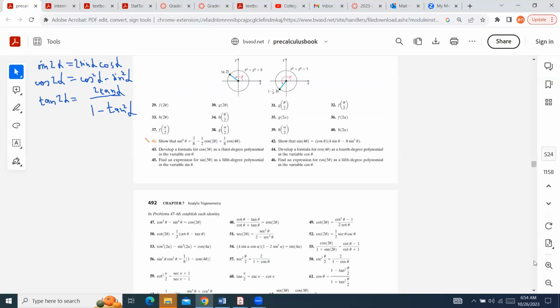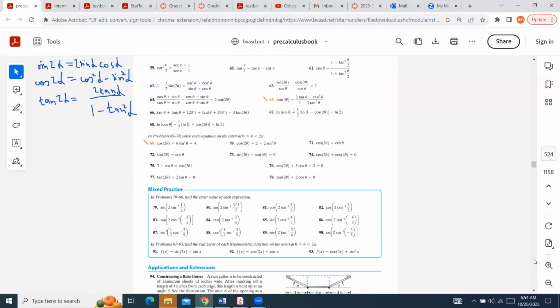Let me find one here with double angles. I need something with 2 thetas. Problems like 70, for example, or something similar, maybe 77, has tangent of 2 thetas. Let's do it. Solve equation 77.